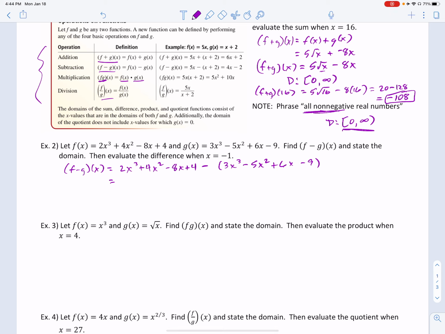And so you get 2x cubed plus 4x squared minus 8x plus 4 minus 3x cubed plus 5x squared minus 6x plus 9.